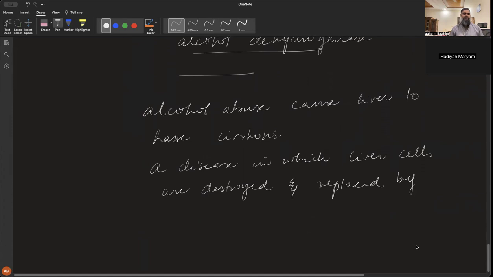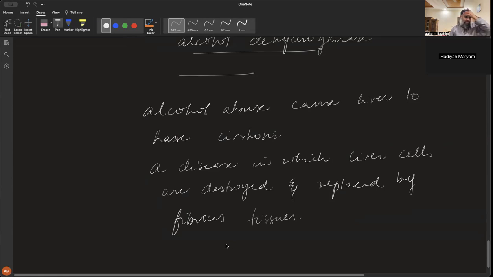Hardening of the liver, a lot of damage, might lead to carcinomas of the liver as well, and to the disappearance of the function of the liver, replaced by fibrous tissues.